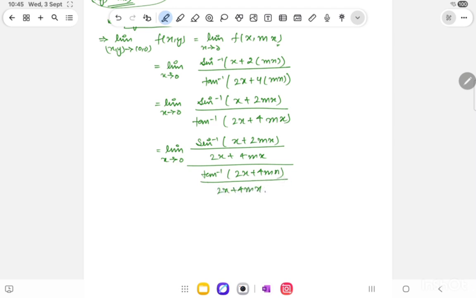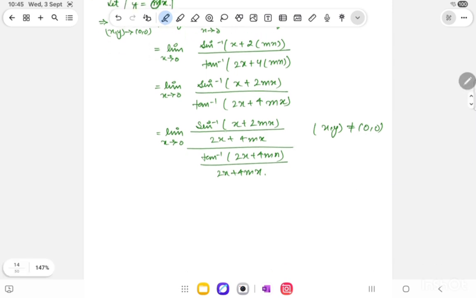I am able to divide this term by (2x + 4mx) because x and y are not taking value 0 simultaneously. That's why I am able to divide this term by 2x + 4mx.